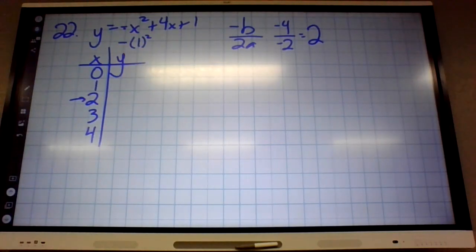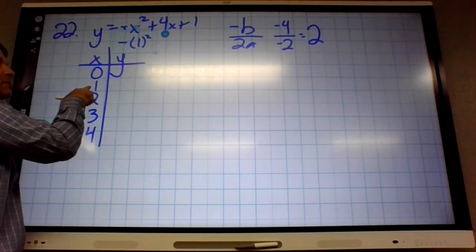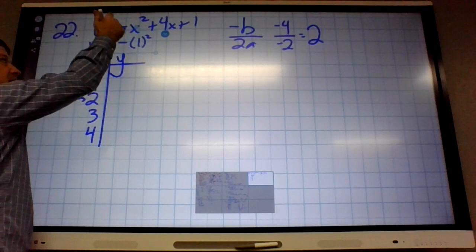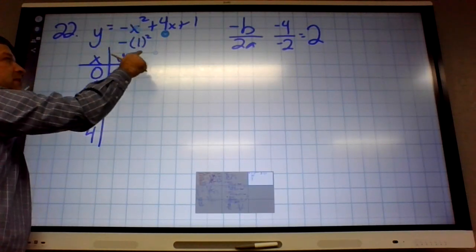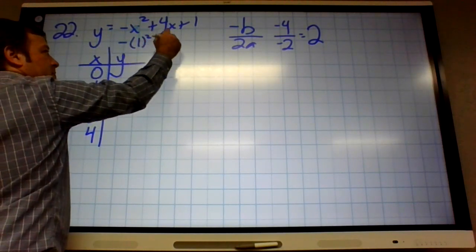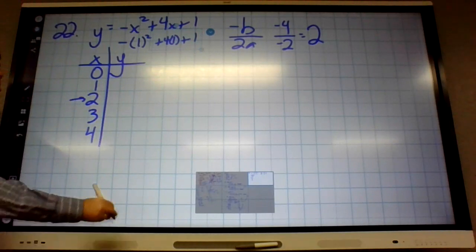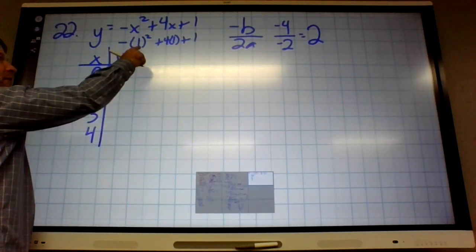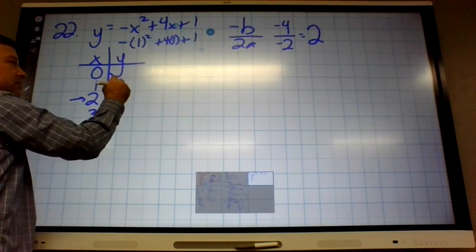Your calculator would do it automatically. You square the x value, but not the negative. It's like order of operations. You don't do the negative first. So that would be -1 plus 4 times 1 plus 1. So -1 plus 4 is 3, plus 1 is 4.